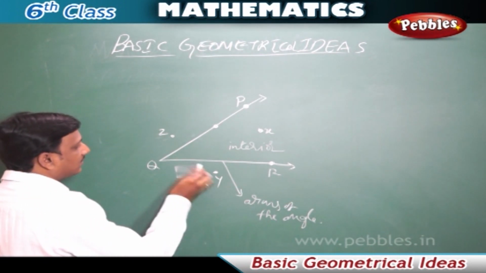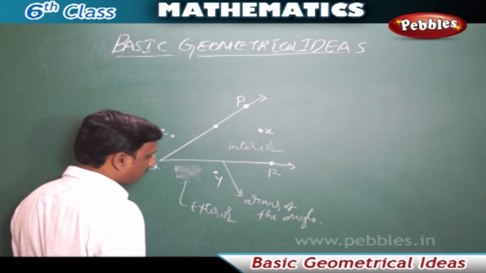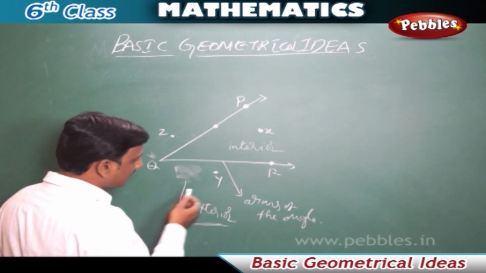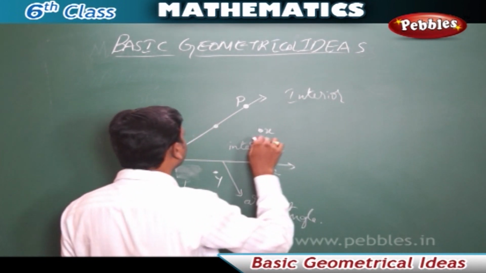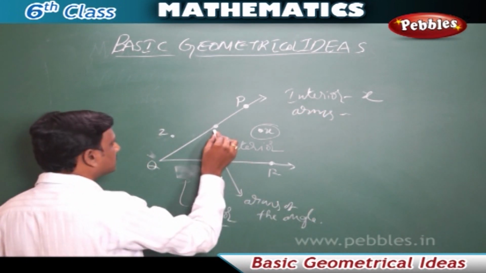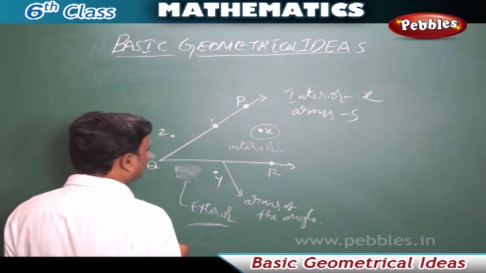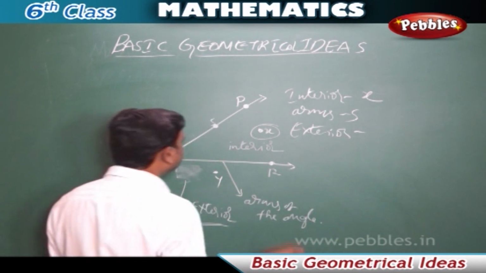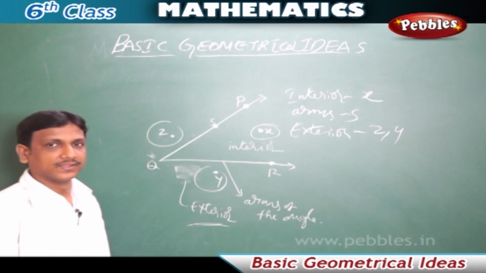And whereas the outer portion of this angle is called exterior. Exterior of the angle. So now some points are in the interior, some are in the exterior, and some are on the arms. So what are the points that are in the interior? X. Now let us see the points on the arms. Say here one point S, and that's all. Now exterior, look at the exterior, Z, Z, Y. So these are the points on the exterior.